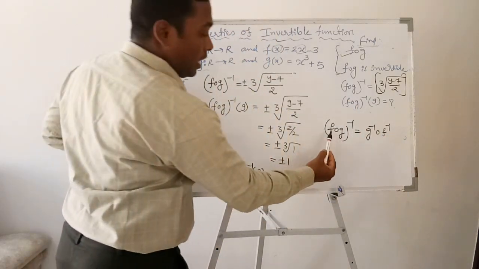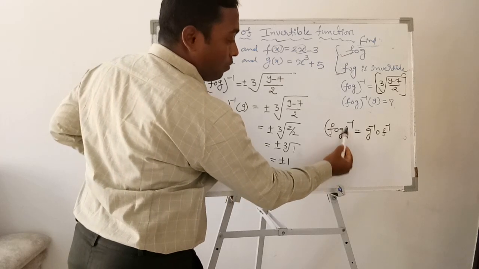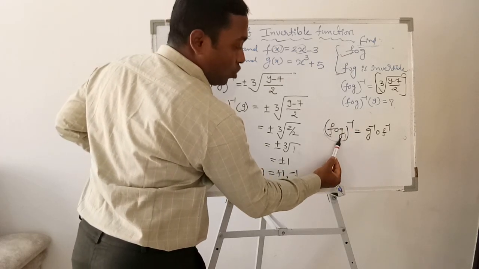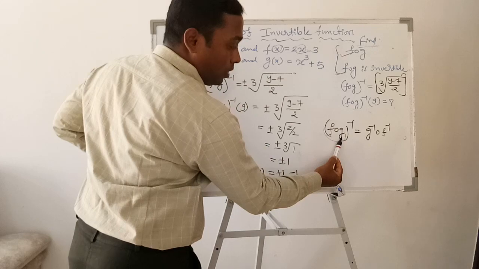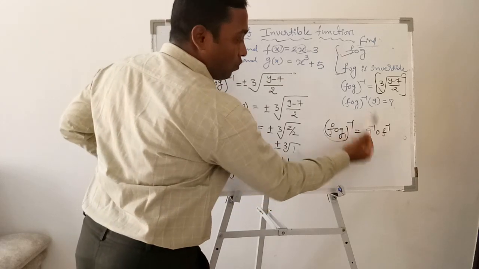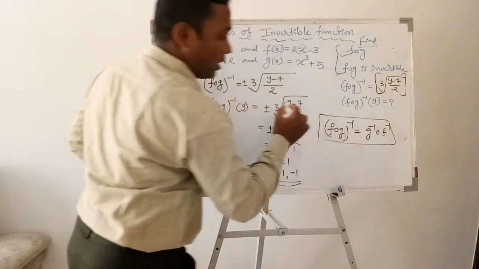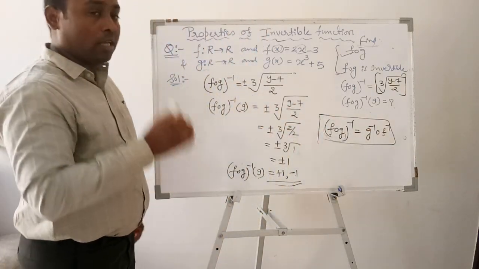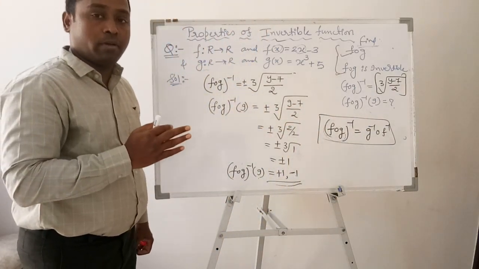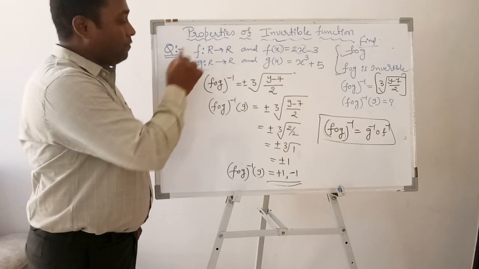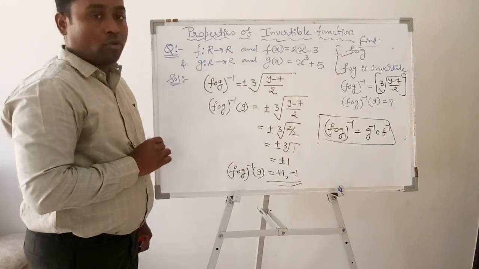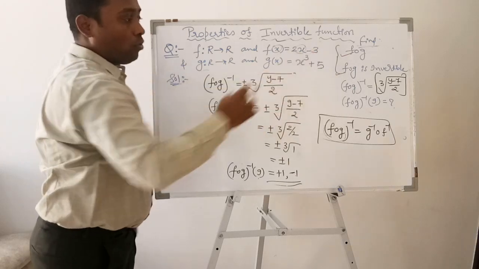It means that if you are finding the inverse of the composition, first g inverse will be performed, then f inverse. So this is the third point which we discussed. Apart from the three important properties of invertible functions, we have now discussed one important question where we are finding these four parts.